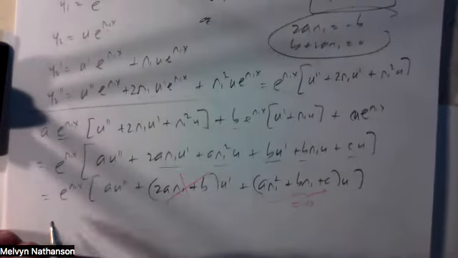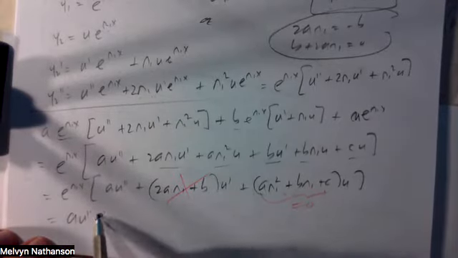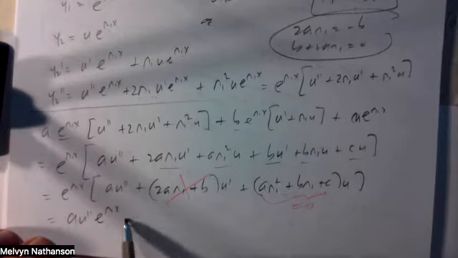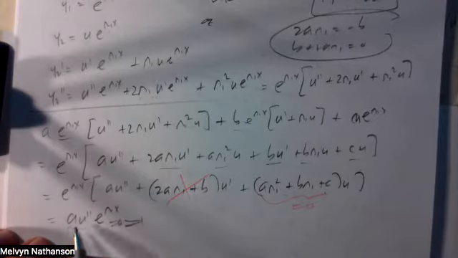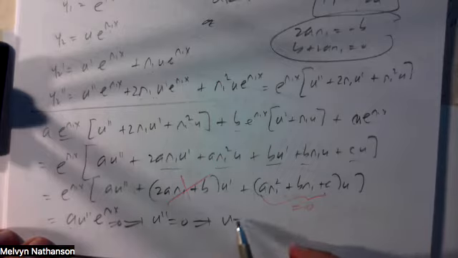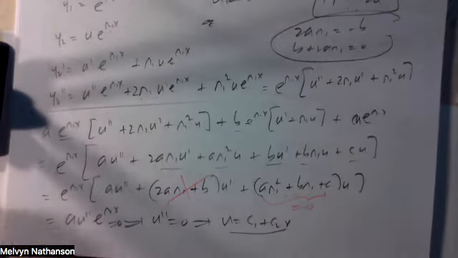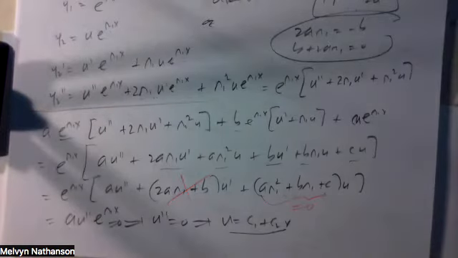So we get this is simply equal to a u double prime e to the r1x, and that's equal to 0. A is non-zero because we have a second order equation. So u double prime has to be 0. So u has to be c1 plus c2x again, a linear expression.